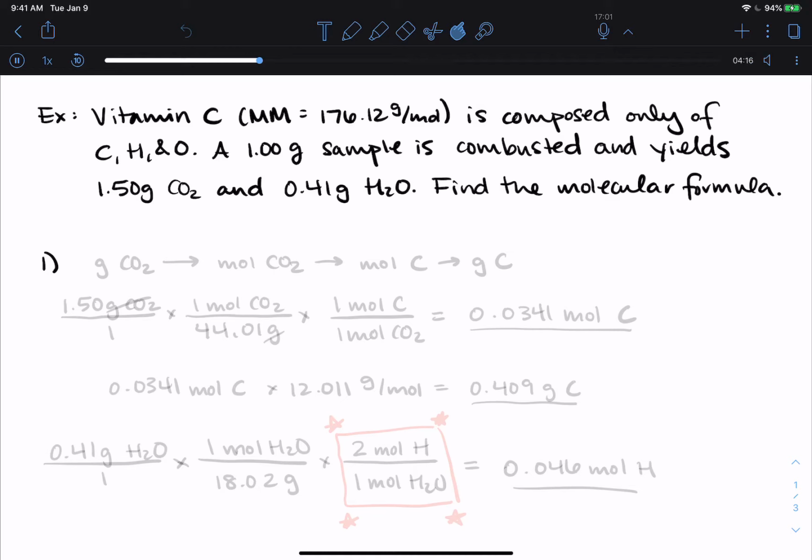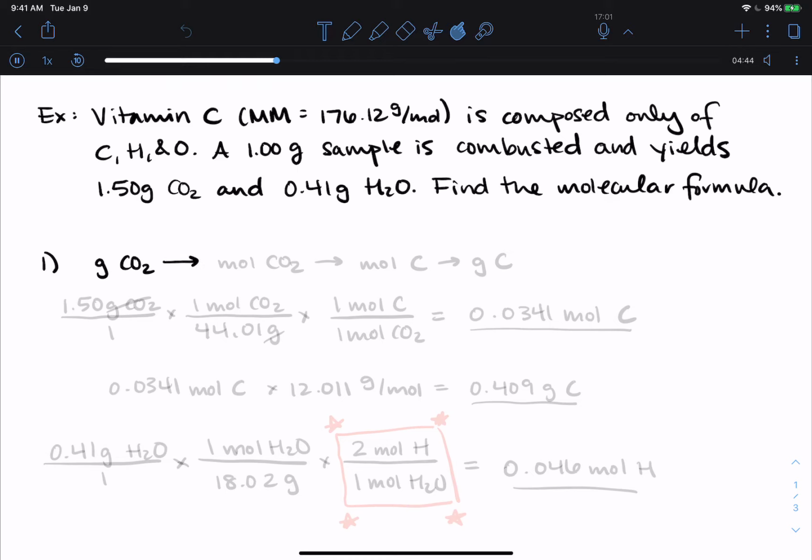So this will actually be a pretty long step, especially with the explanation since it's the first time we're looking at it. What we use in combustion analysis are the mole ratios of an element within a compound that we talked about in an earlier video. So strategy-wise, we know grams of carbon dioxide.